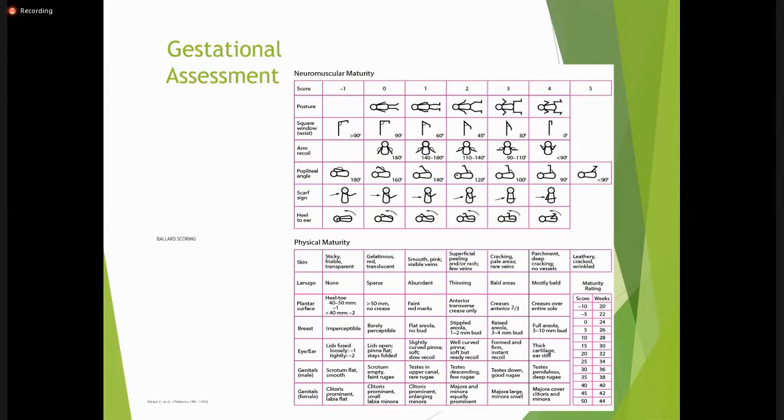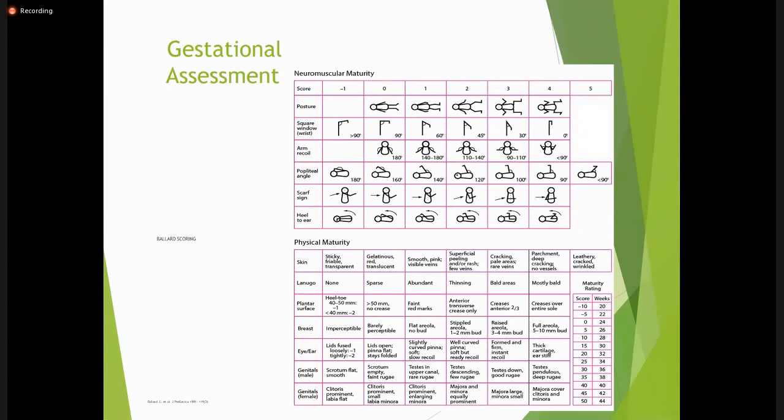This is actually called the Ballard scoring, and this is a tool for assessment of the gestational age of a newborn baby. And why do we use this tool? Because in our part of the world, most of the deliveries being conducted are unbooked cases, and they come from rural areas and don't even know the gestational age of their babies.